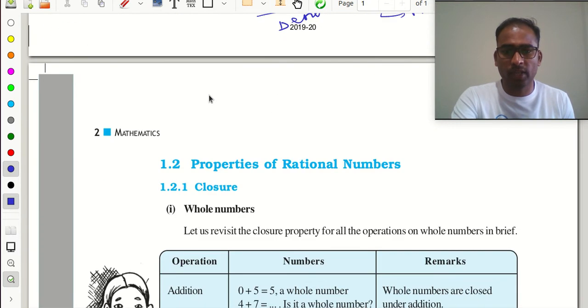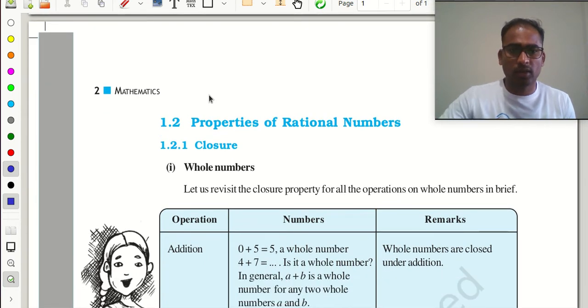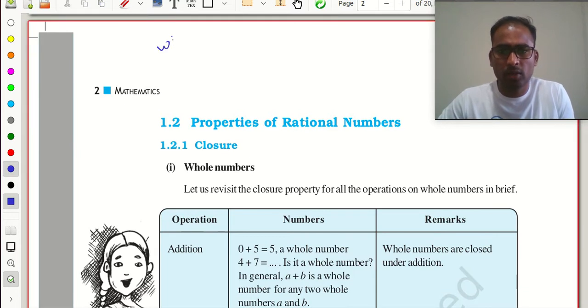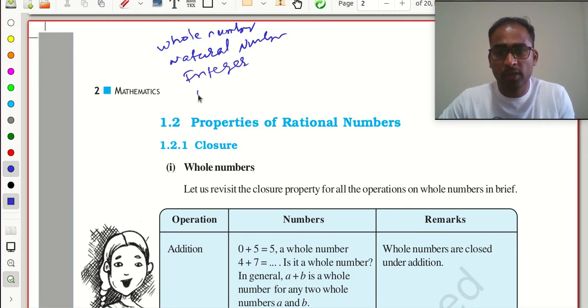So this won't come under whole numbers, natural numbers and integers. So now we understood the solution of any equation. The solution of any equation may be a whole number, a natural number, an integer, and it may be a rational number also.